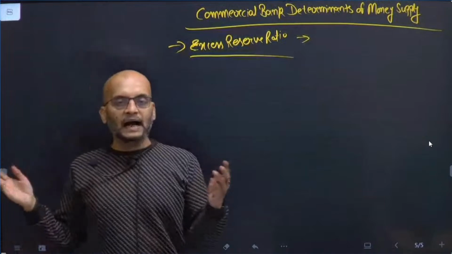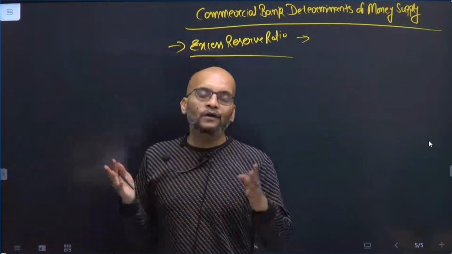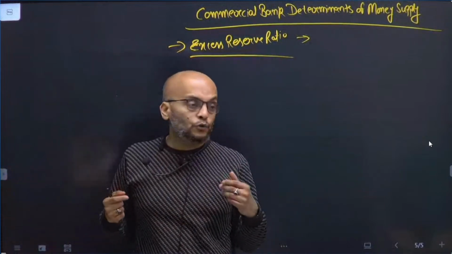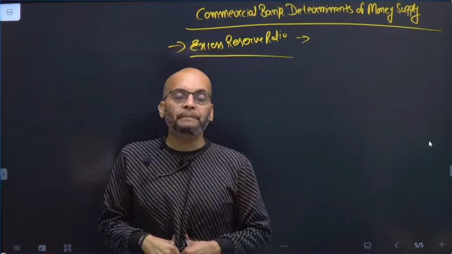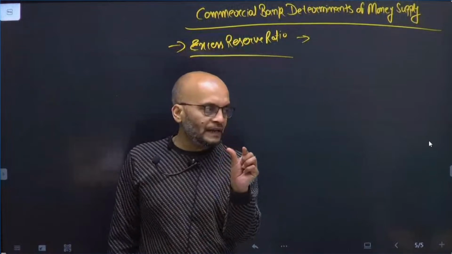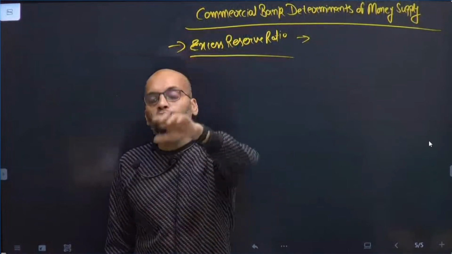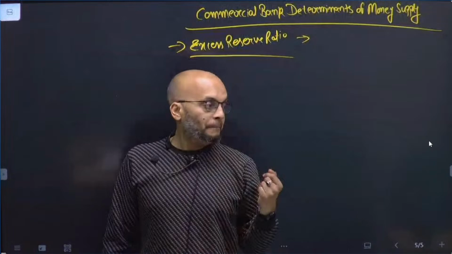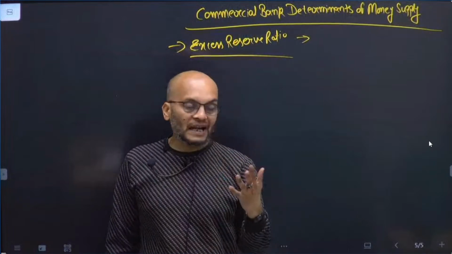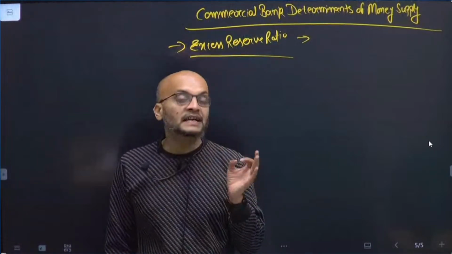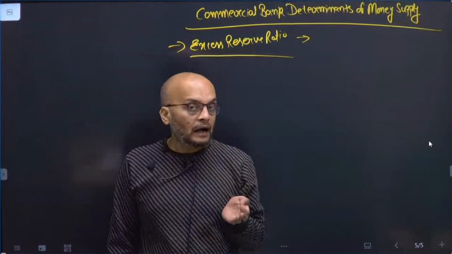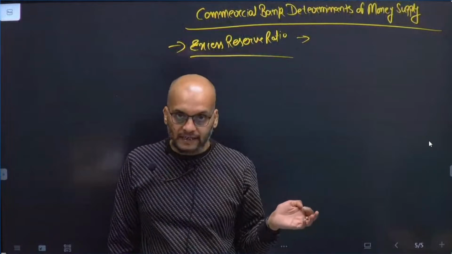Guys, RR is already there. Now, if banks want to keep excess reserve for the emergencies, then what will happen? Lesser amount of money will be available for lending, yes or no? Bank will be able to lend out smaller quantity of money as loans if bank is keeping higher excess reserve, right?